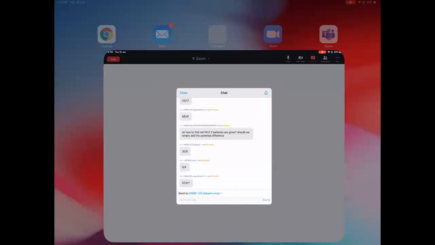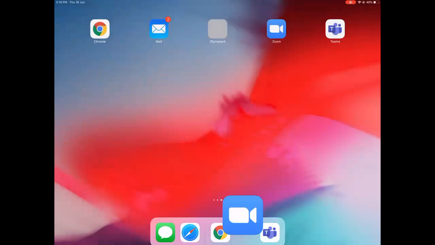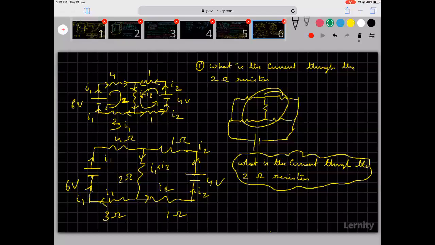Okay, so let me quickly try to work it out for you. Here, let me write the two equations. First for this loop, I will write 6 is equal to 4I1 plus 2(I1 plus I2) plus 3I1. So that is equal to 9I1 plus 2I2.